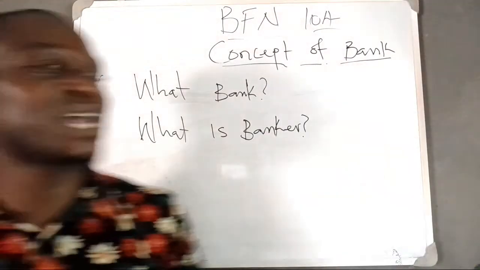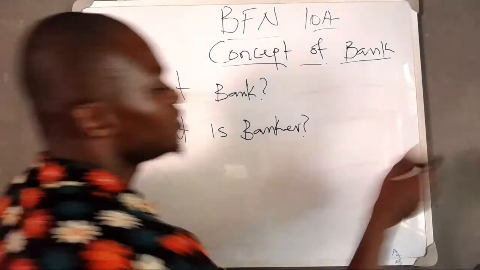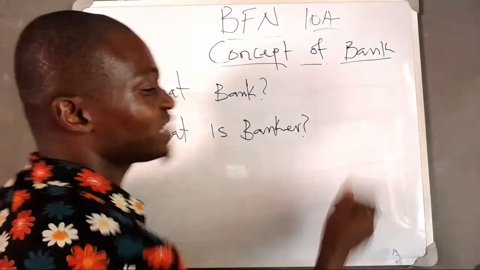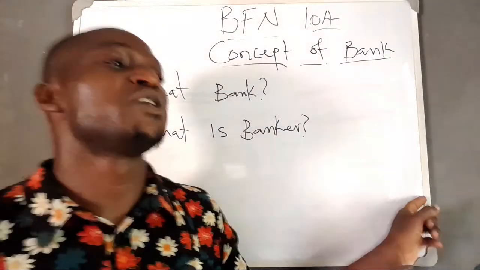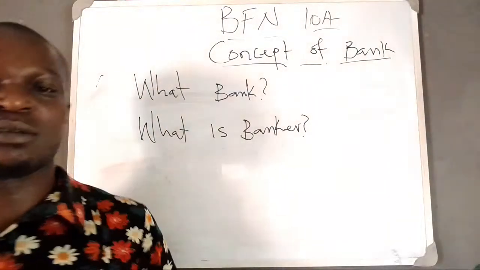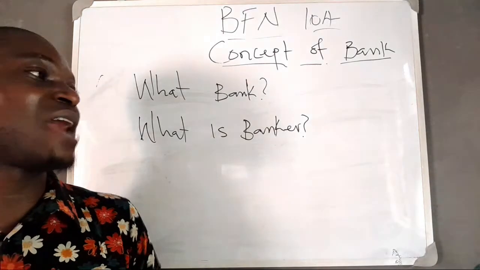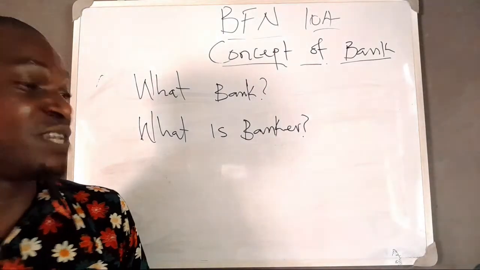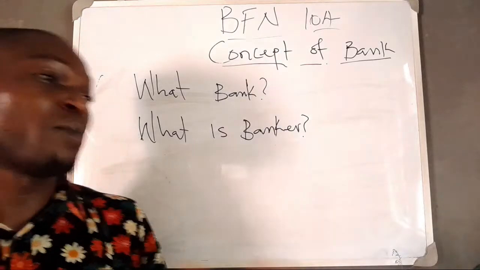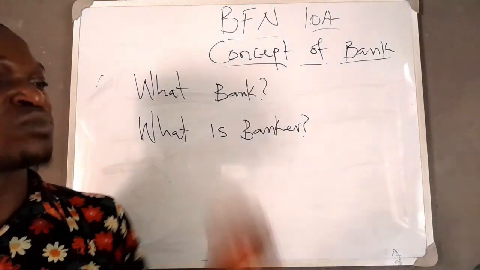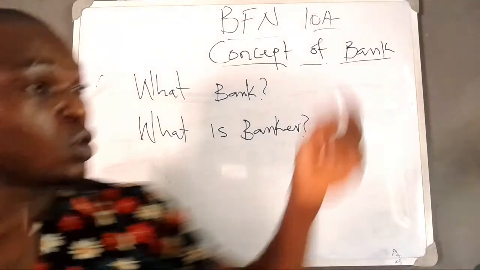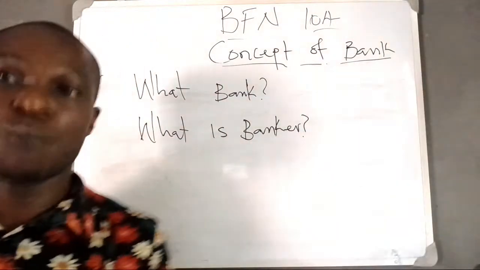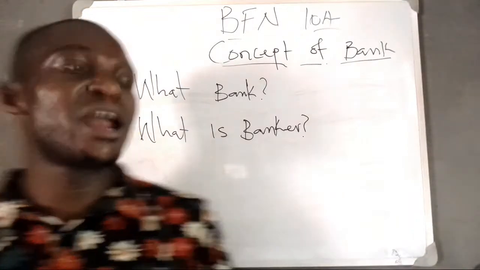You can simply take your ATM card that you collected from, let me just say, GT Bank. You can easily go to the ATM of a Union Bank to withdraw money because of the help of a clearing bank. Despite the fact you have no account in the Union Bank, you can take your automated teller card to a Union Bank to withdraw money with the help of this clearing bank.